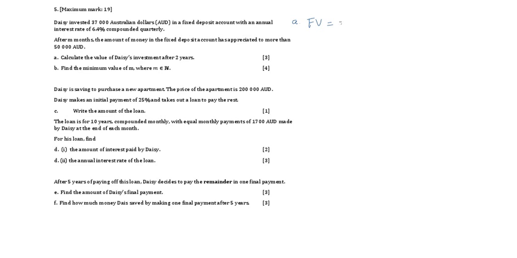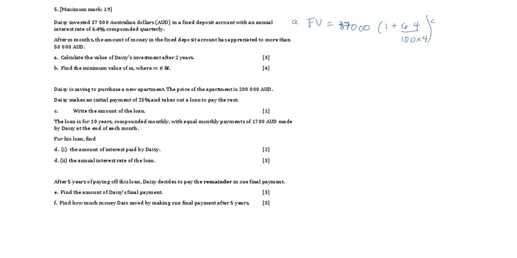So the principal is 37,000 multiplied by 1 plus 6.4 over 100, because it's 6.4% times quarters, which is times 4, raised to nt, the number of years and the quarters.